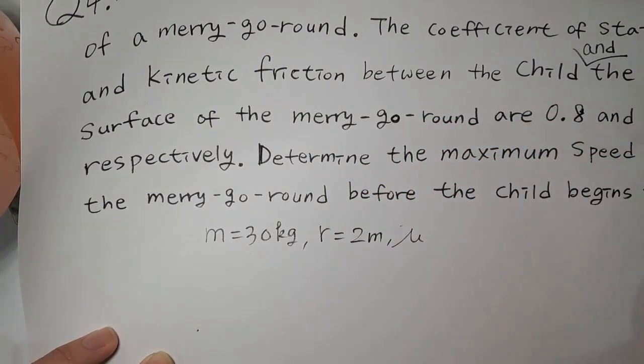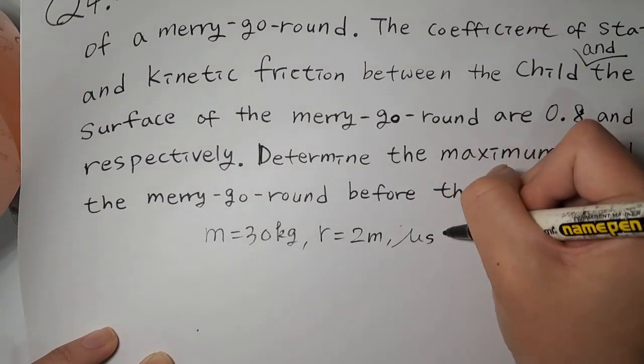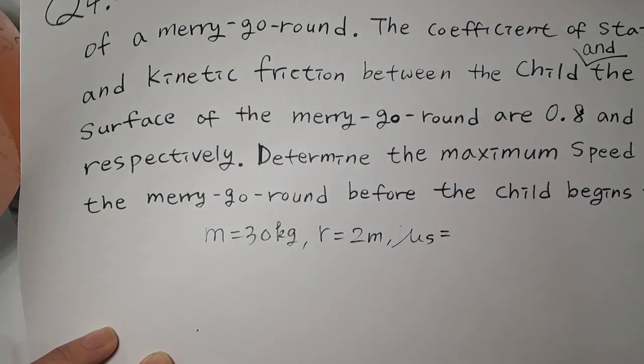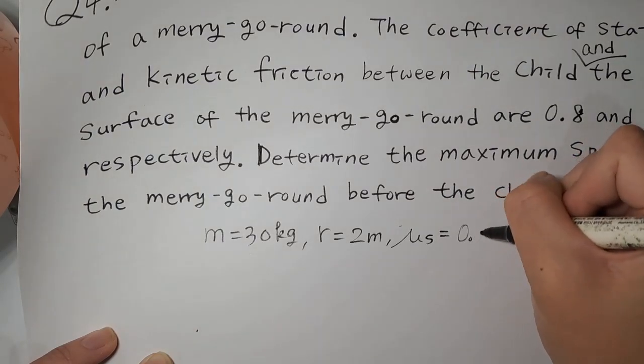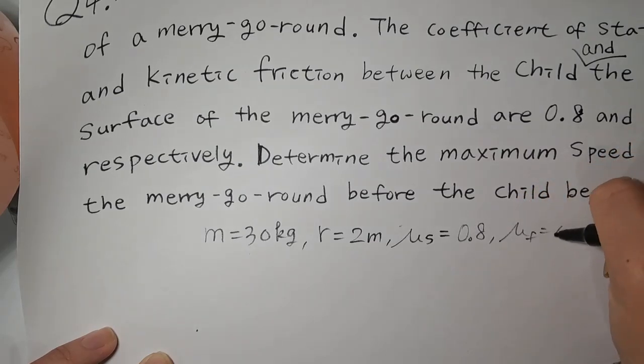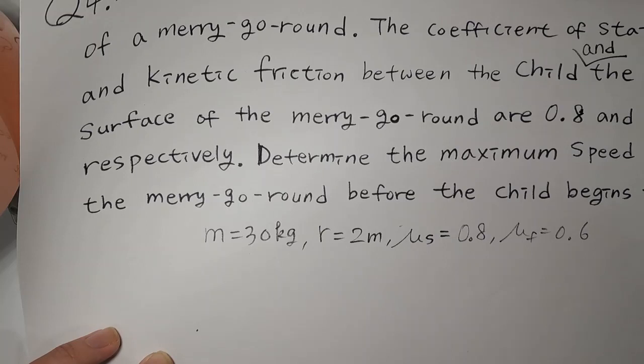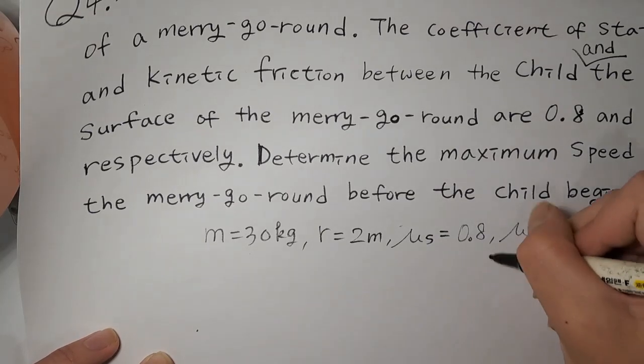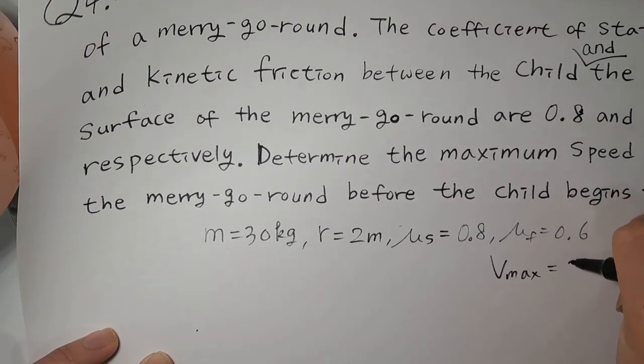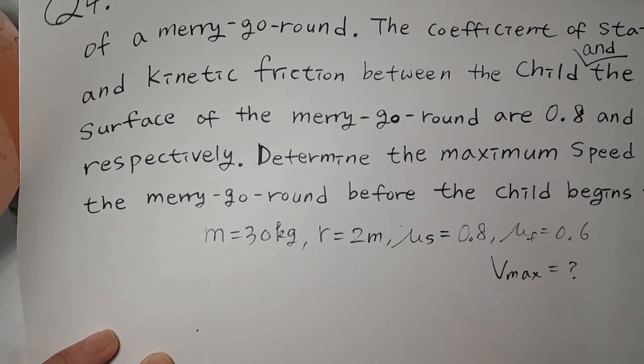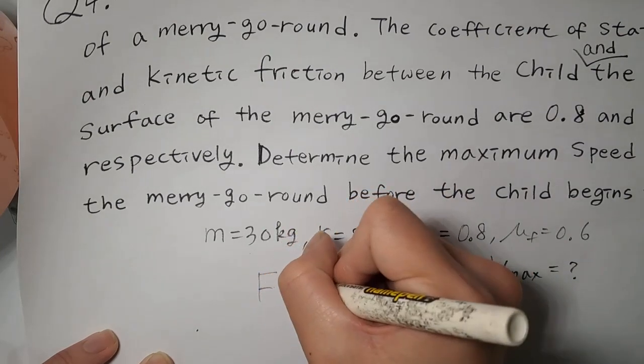And the coefficient of static friction is going to be 0.8. This is going to be 0.6. So what is the maximum velocity? So we are going to find this.